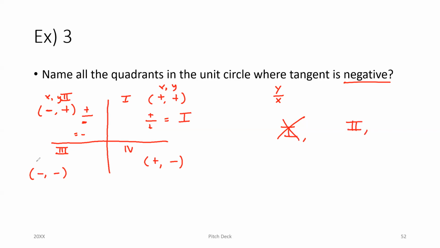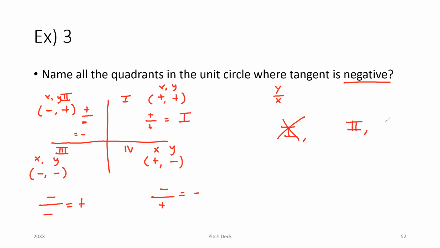What about quadrant 3? The x is negative and the y is negative. So that's like saying negative over a negative, which is technically positive. So that's not going to work. What about quadrant 4? The x is positive, the y is negative, so that is negative over a positive, which, if you recall, is going to be negative.